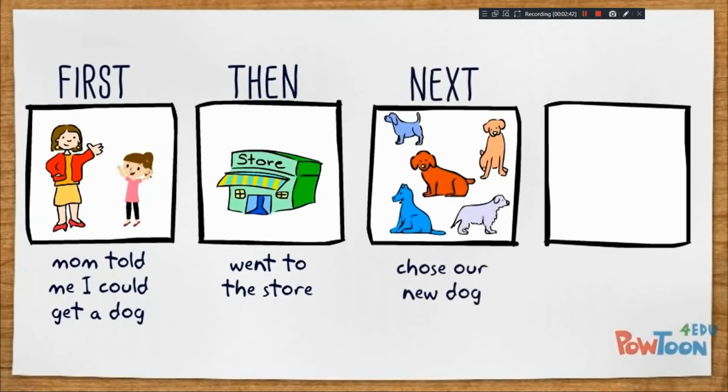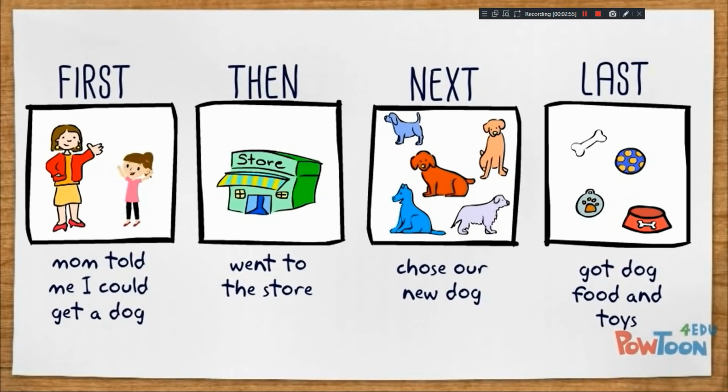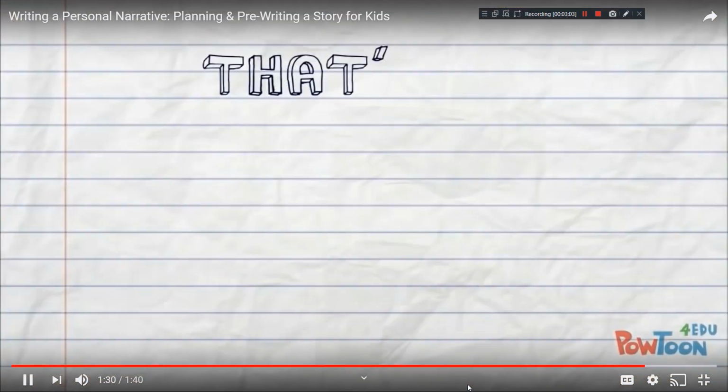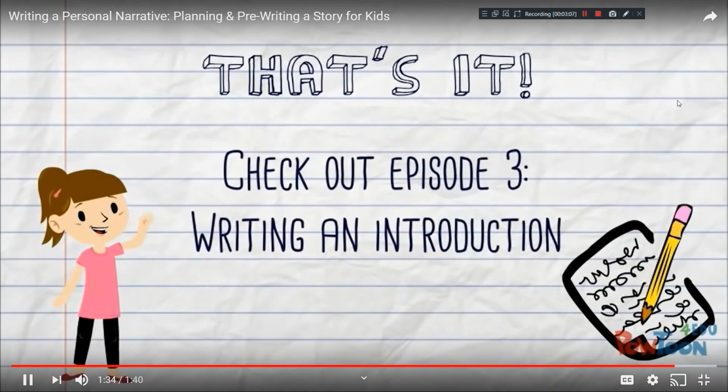Next, we looked at all the dogs and we chose the one that we wanted. And then last, we got the dog some food and some toys on our way home. So now I have a plan for my story. When I'm ready to write my draft, I can look at my plan to remember what to write on each page. That's it. Check out episode 3 to see how I write the introduction to my story.